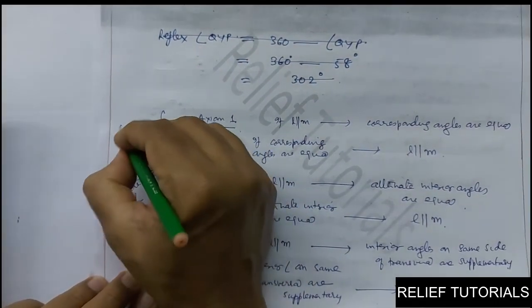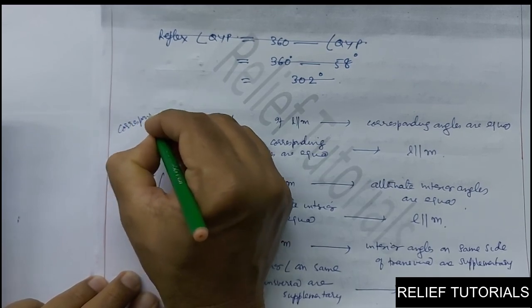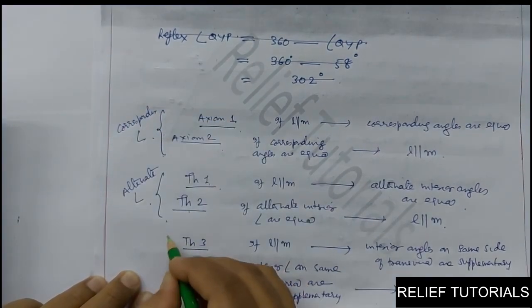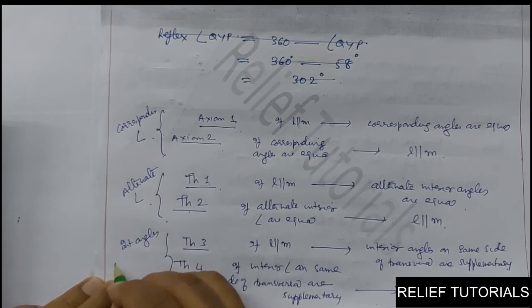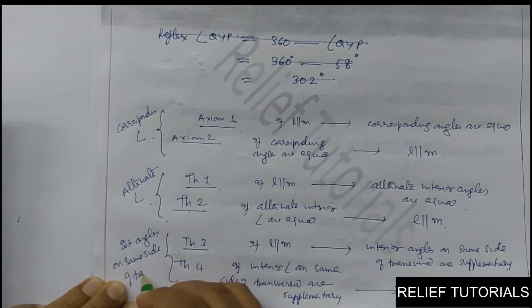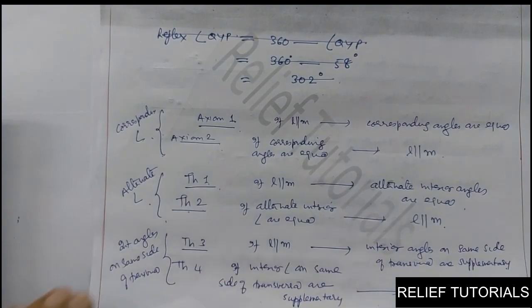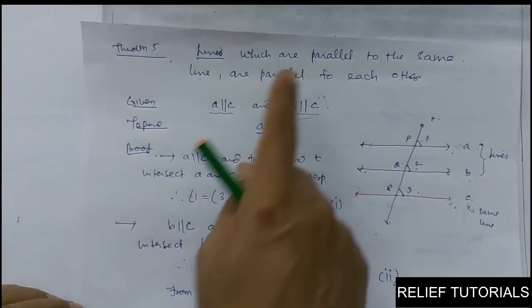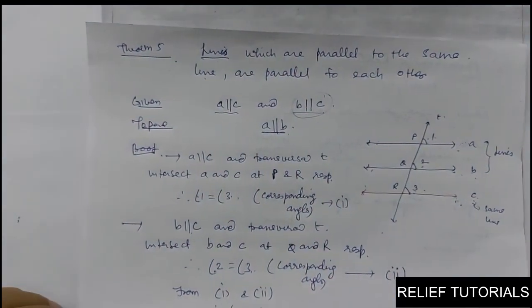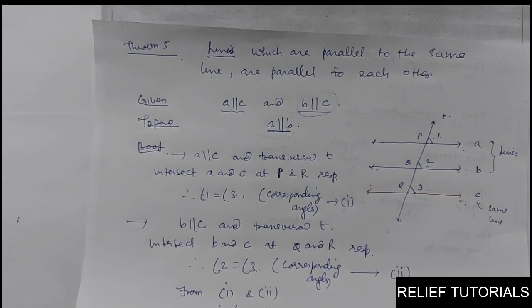And these are the 2 theorems related to interior angles on the same side of the transversal. And this is the last theorem, Theorem 5: lines which are parallel to the same line are parallel to each other. I hope you understood this theorem. In the next lecture, we will proceed with the problems of Exercise 6.2. Thank you.